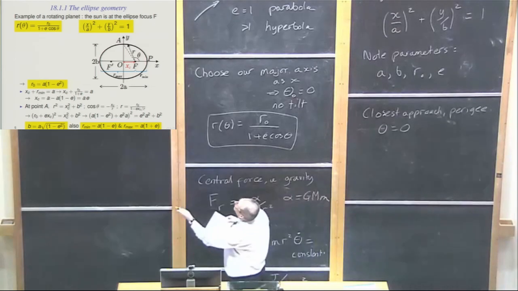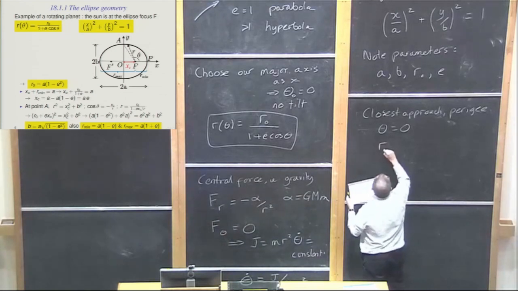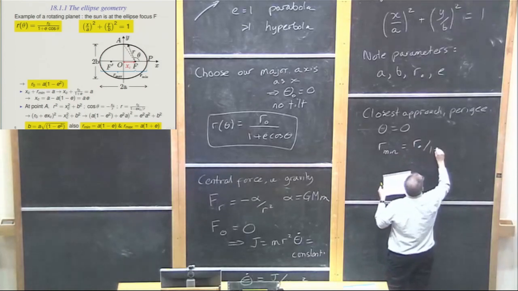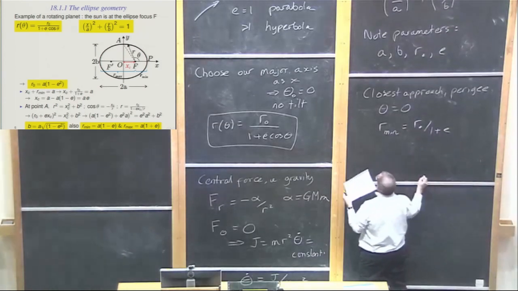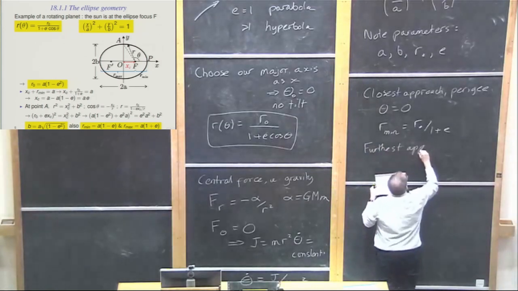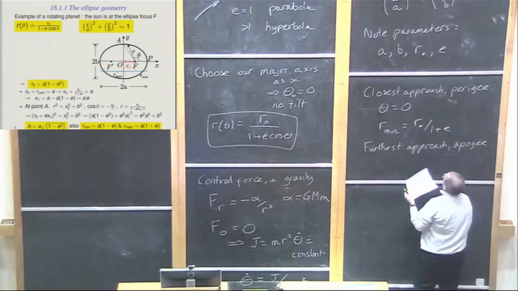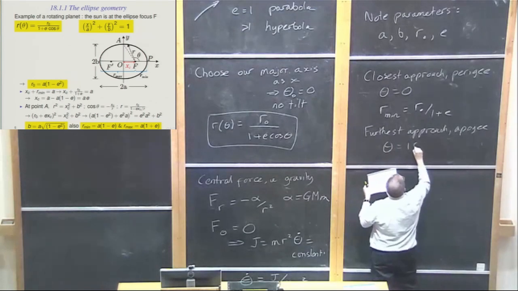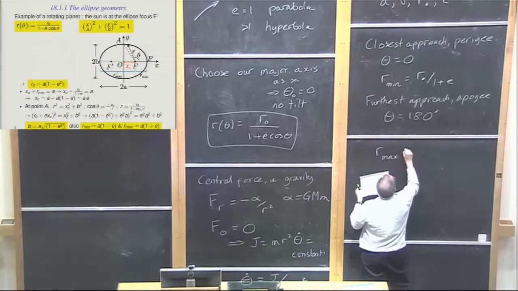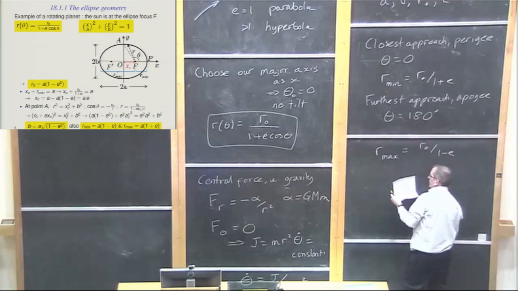From the form of this equation, r min, the minimum radius, is just r0 over 1 plus e. And the furthest approach, which is the apogee, is when theta equals 180 degrees, and then r max is r0 over 1 minus e.